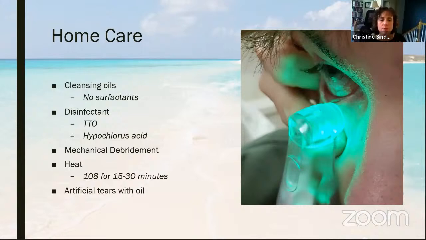In some cases, you have sort of a chicken and the egg situation where you have MGD, but you also have another underlying cicatrizing disease.